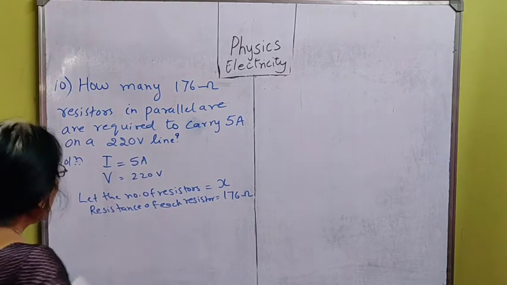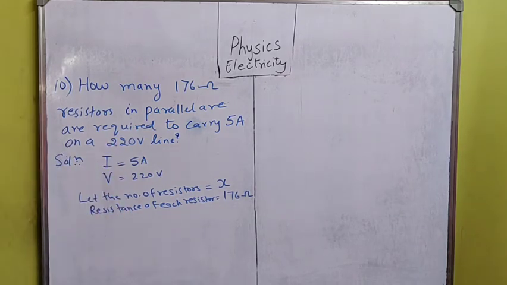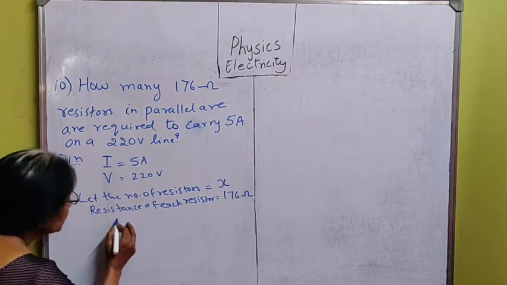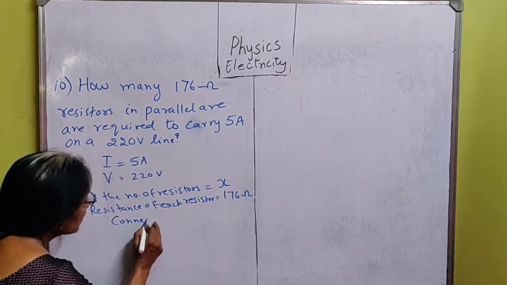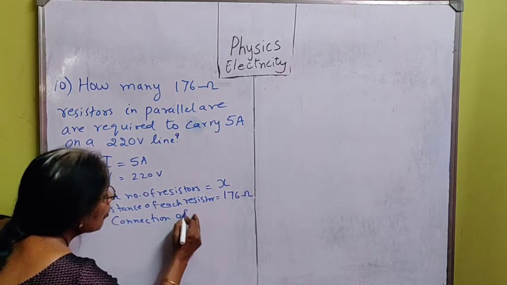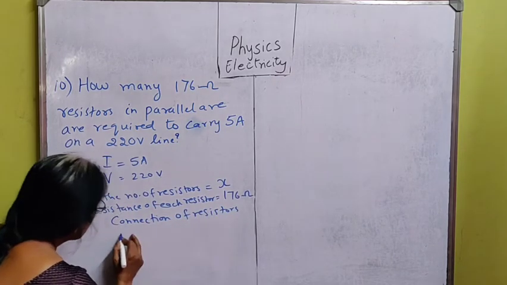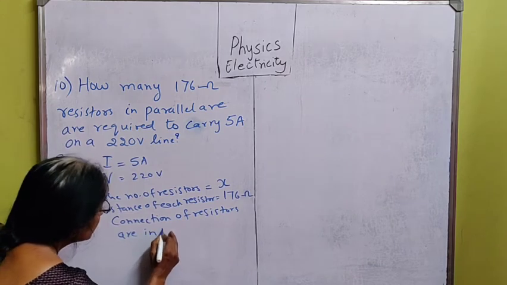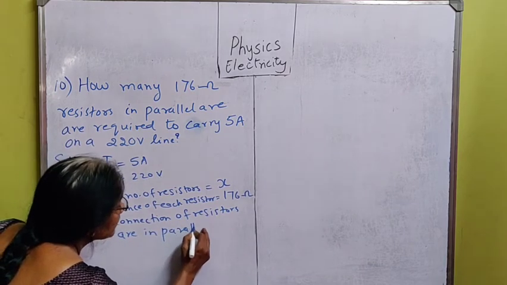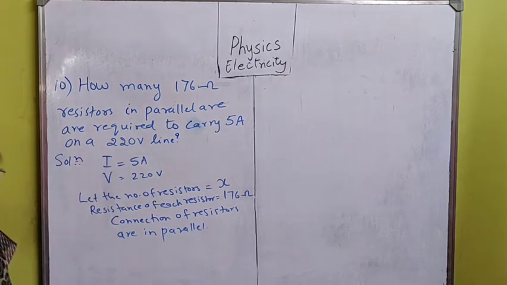And how are they connected? They are connected in parallel. The connection of resistors is in parallel. This is very important.